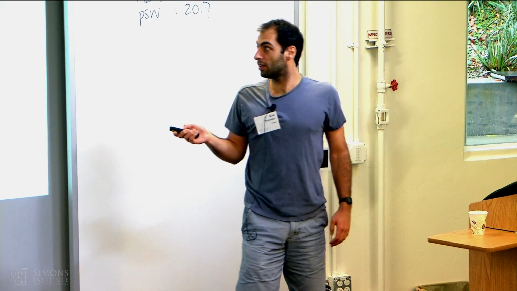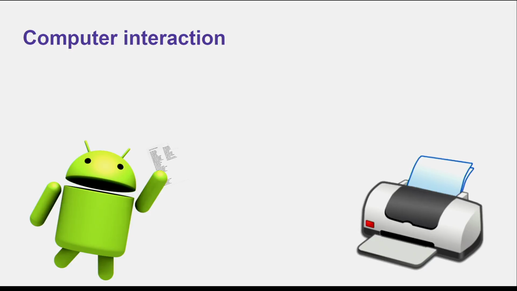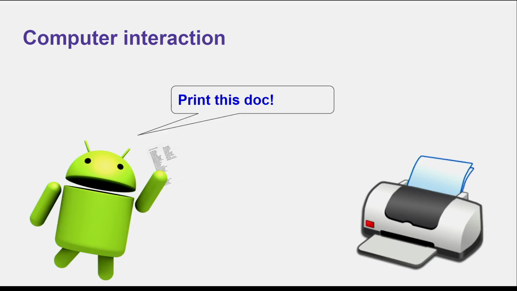And I want to start with some motivating example. Consider the case when we are in some friend's house, want to use our Android to print some document on our friend's printer for the first time. In this case, the Android will communicate with the printer and ask to print this document.